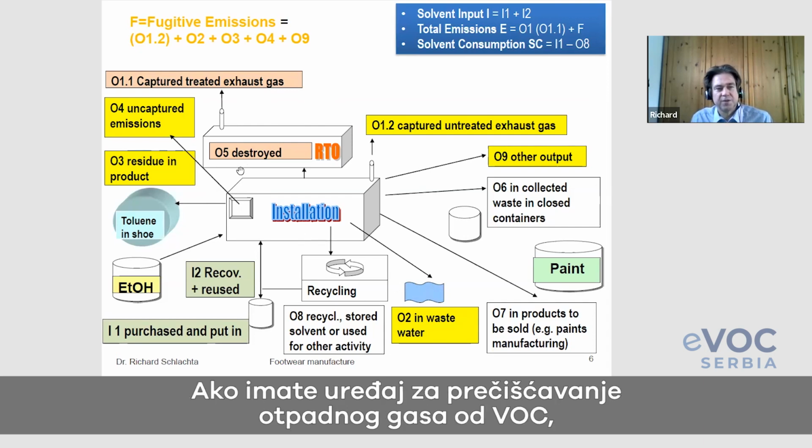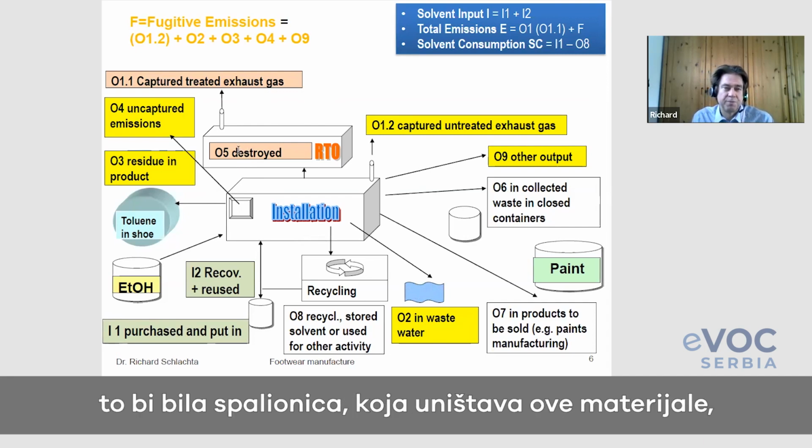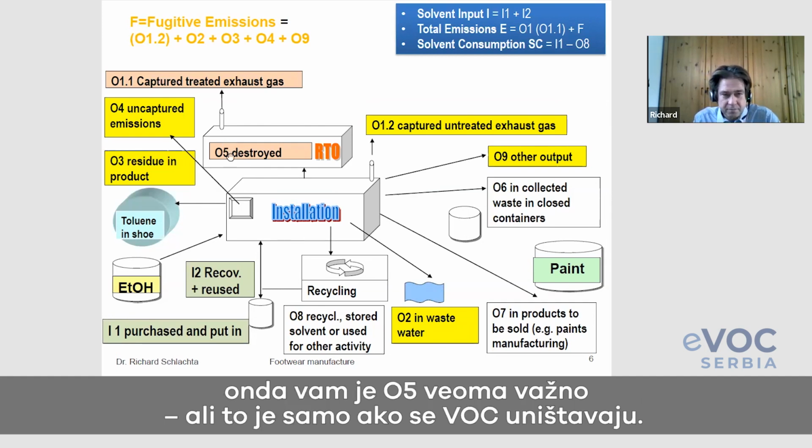If you have waste gas abatement, that would maybe be a thermal oxidizer, which destroys the materials. Then O5 is very important for you too, but only if the VOC are destroyed.